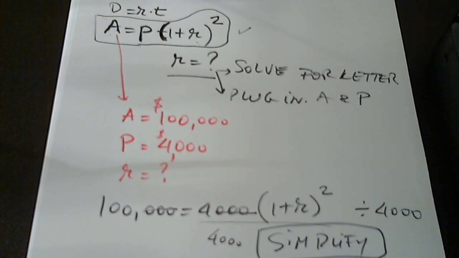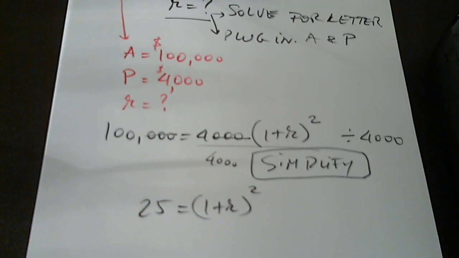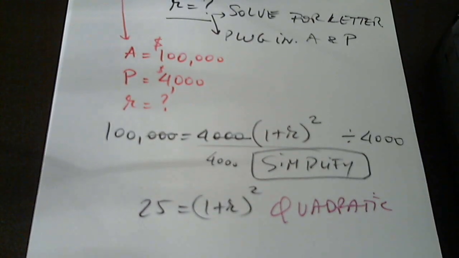So once the equation is cleaned up, then I realize what type of equation it is. Because if I don't know what it is, then chances are that I don't know how to solve it. What type of equation is this? And we should learn the terminology. It's very important. Quadratic.